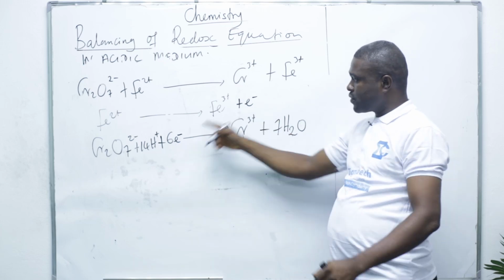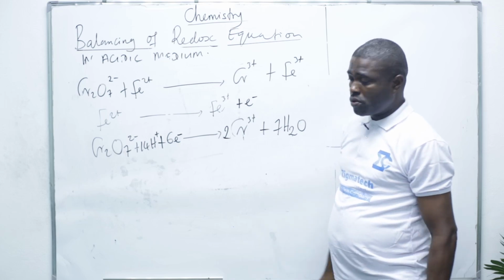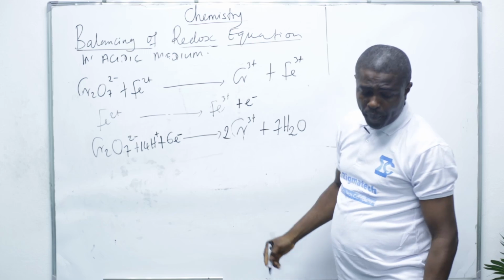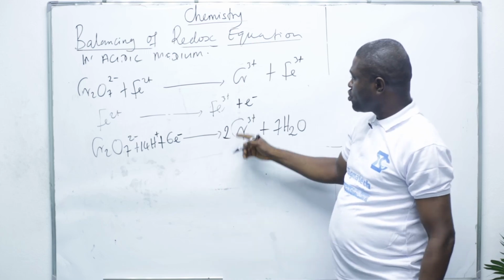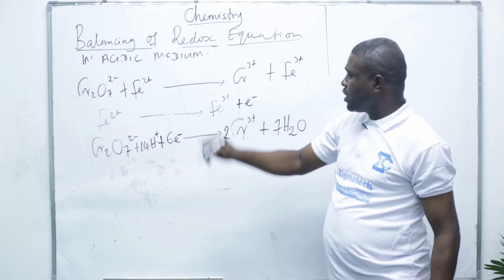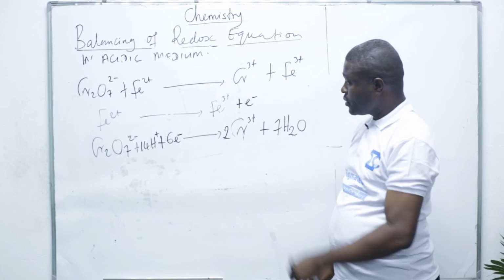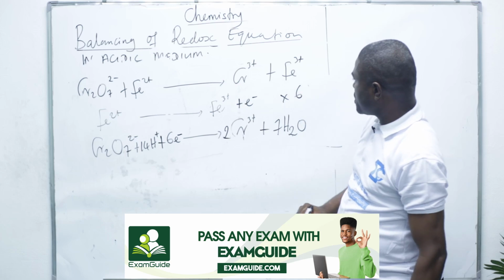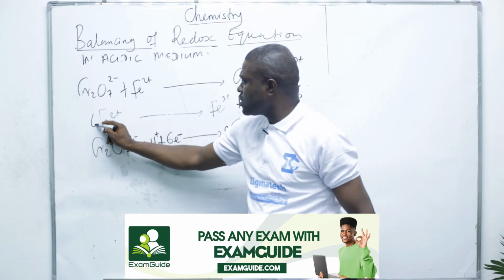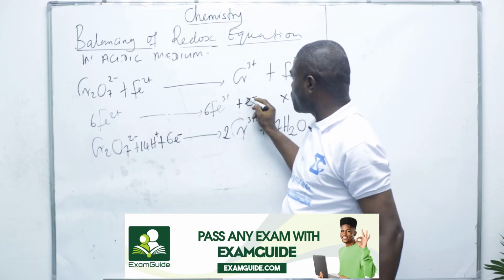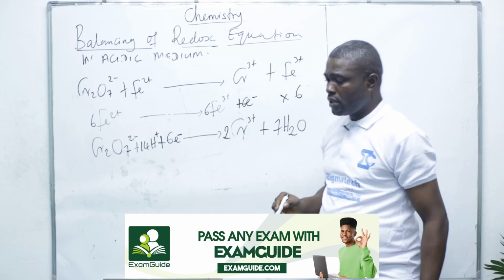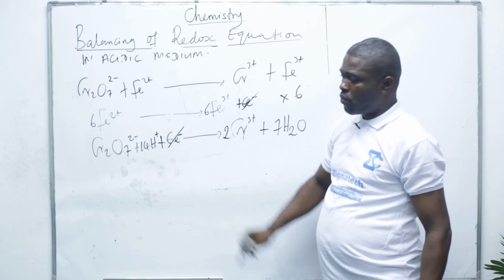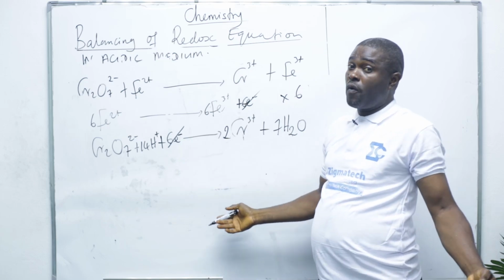You have 1 here, you have 6 here. So what are you going to do? You look for a factor, a number that we will use to multiply this so that all of them will become 6. So if I multiply this by 6, here becomes 6, 6, and 6. Meaning that here and here are now equal.